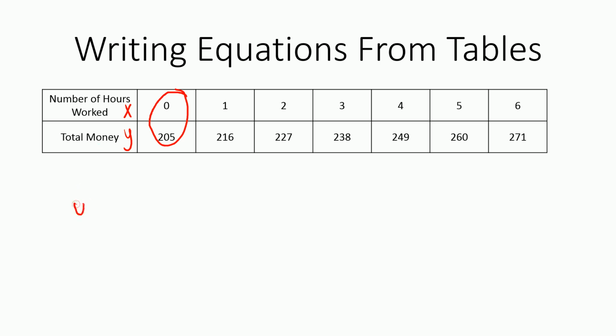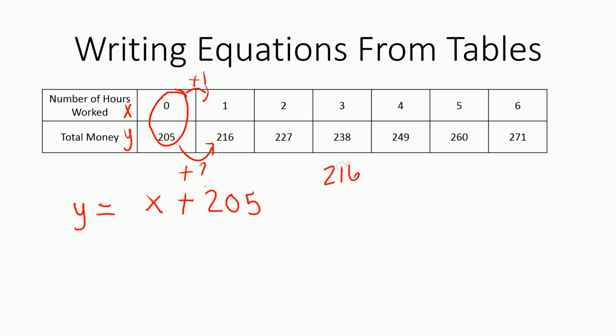So when starting writing my equation, I know I'm going to have some slope in front of x plus 205. And then I need to figure out the slope. Well, if I know this is plus 1 here, so if I figure out how much plus here is, then I'll figure out the slope, because that tells me how much is being added each time.